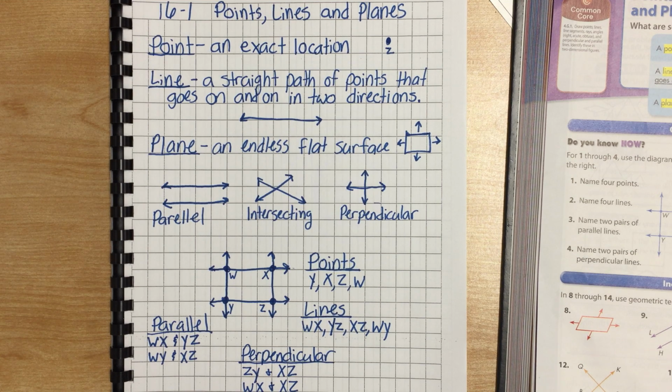Couldn't you also say it's intersecting? Yeah, because it's touching. If a line is ever going to touch another line, it is not parallel and it will never, ever be parallel no matter what. So it's intersecting? No, it's perpendicular. It's perpendicular, but perpendicular is intersecting. It's just that intersecting is not perpendicular.